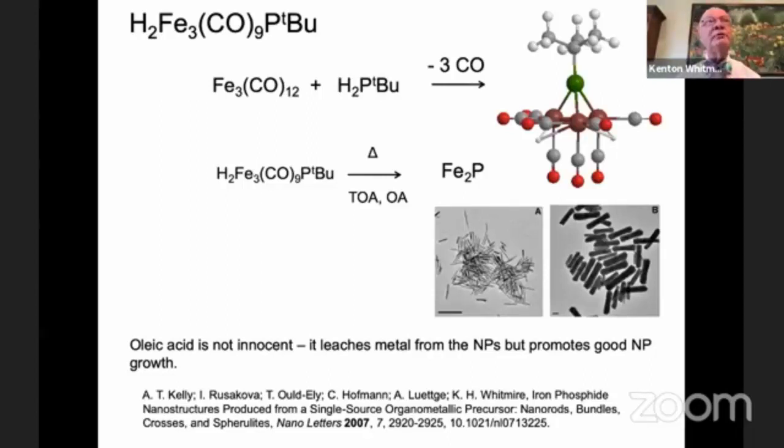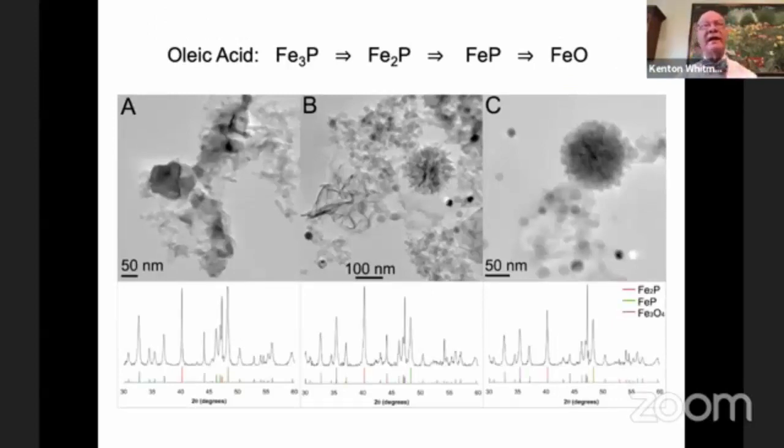And so we confirmed that if you added oleic acid to Fe3P, it would convert to Fe2P. And if you kept going, Fe2P would be converted by oleic acid to FeP. And you could keep going, and the FeP would convert to iron oxide nanoparticles.